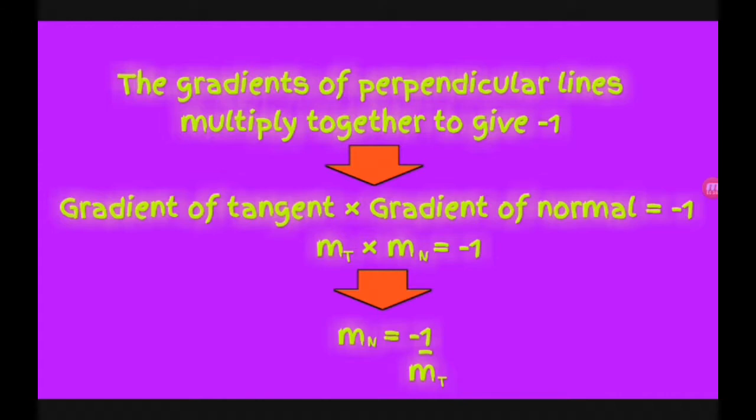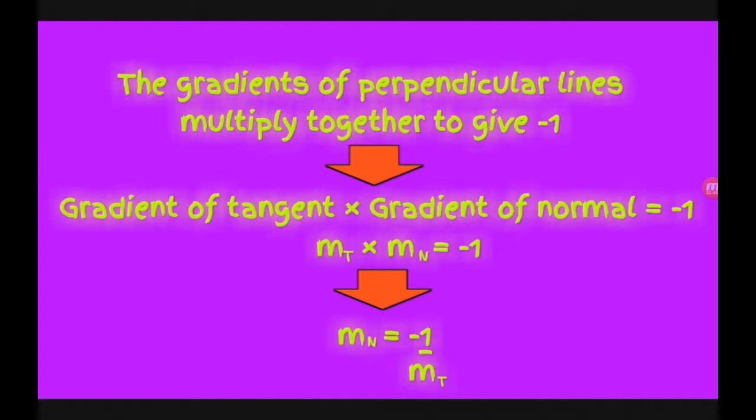I like to use shorthand notation here. m, remember, in y equals mx plus c is the gradient. So I like to use m with a little t for the gradient of the tangent, and m with a little n for the gradient of the normal. So m_t times m_n is equal to -1.